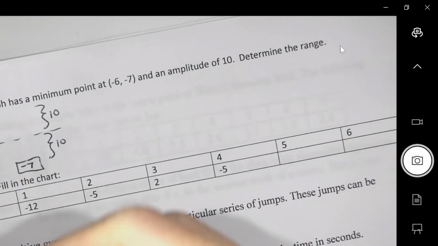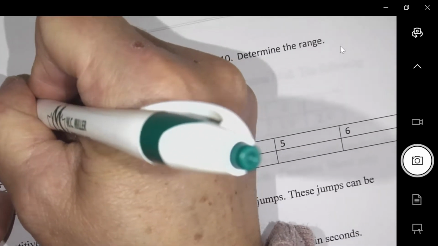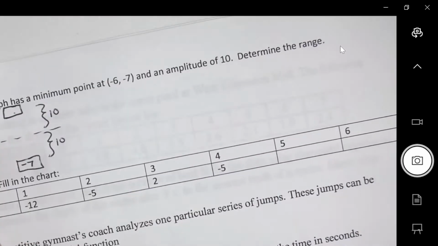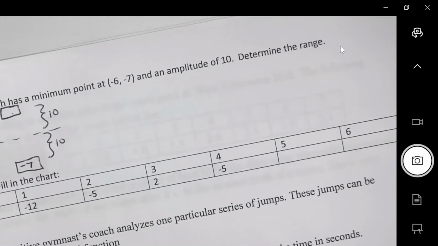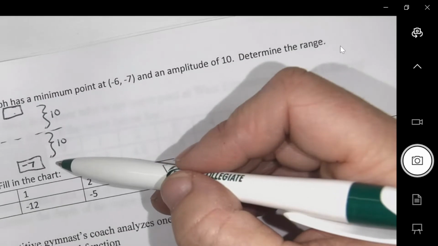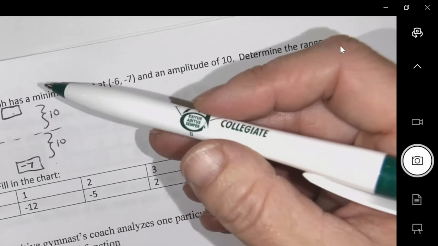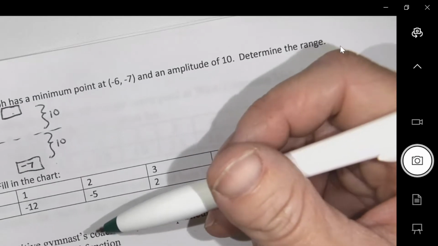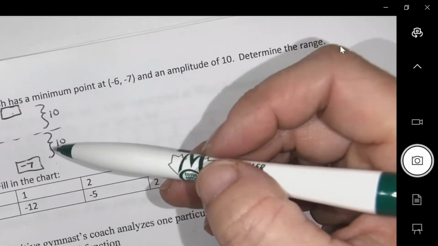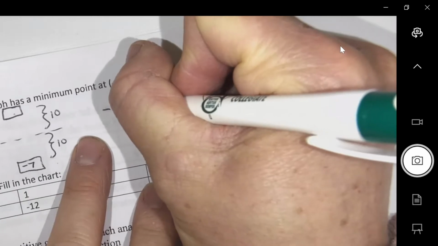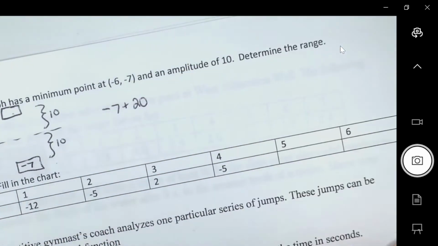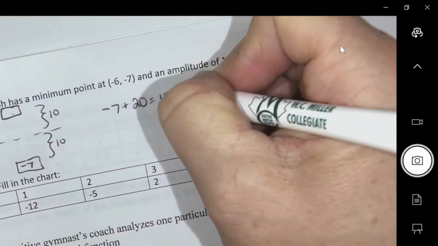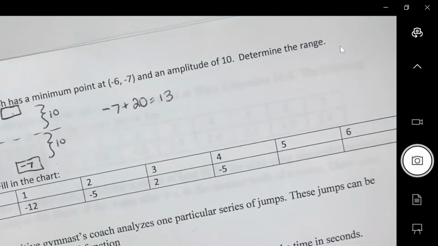So I want the range, which means I need to figure out what that highest value will end up being. So are you okay to understand I'm going to end up going up 20 to get there, right? Or you can go 10, get midline, and then another 10. That's fine. So what is -7 plus 20? So that should be 13, right?